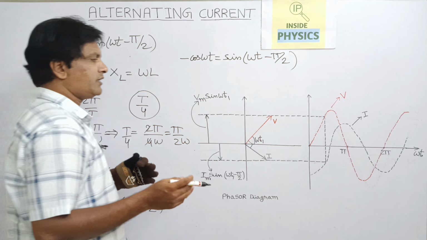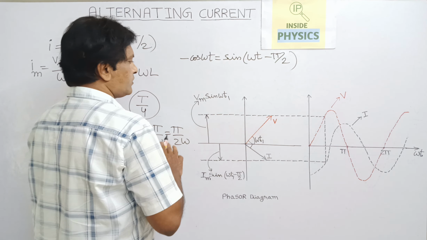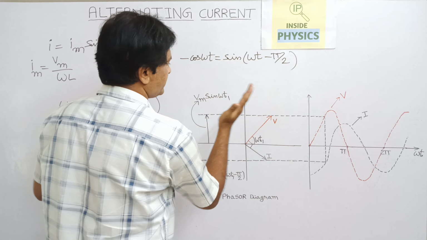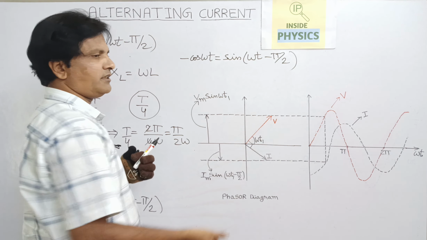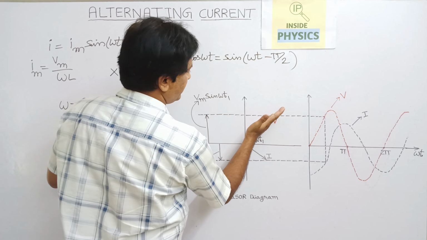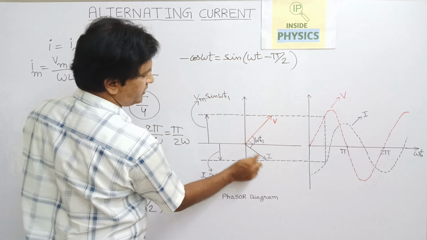What is a full cycle? If you observe these rotations, this is the phasor diagram. A phasor is nothing but a rotating vector. This voltage is a phasor and this current vector is a phasor.